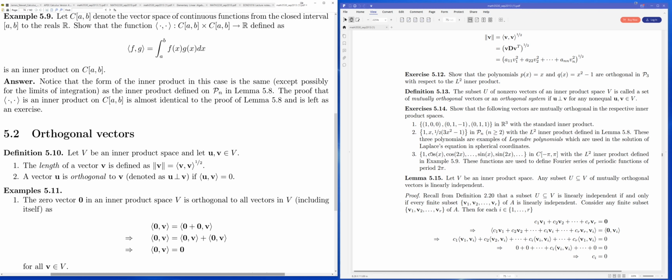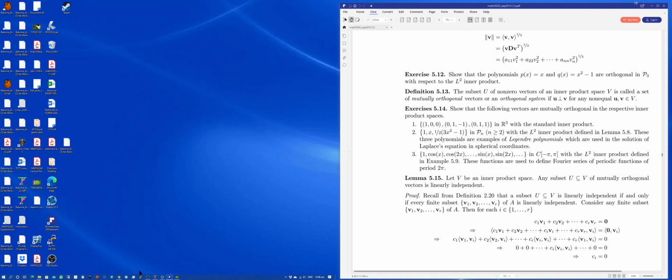And we can show that these are mutually orthogonal with respect to this inner product. You just need to check the various cases. I'm not going to do it formally for you, but I'll show you a couple of examples.